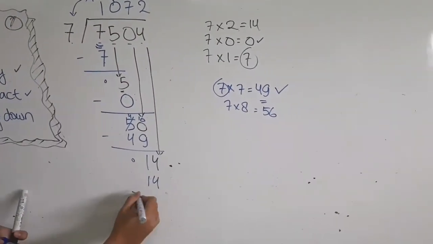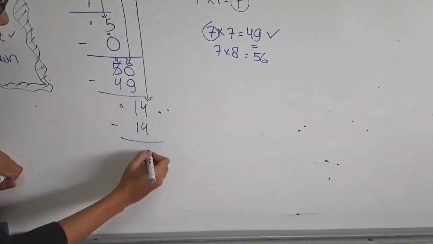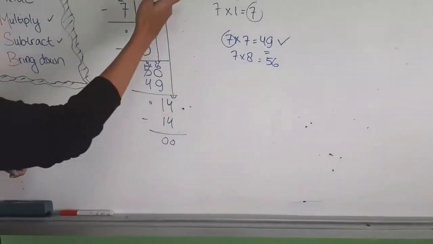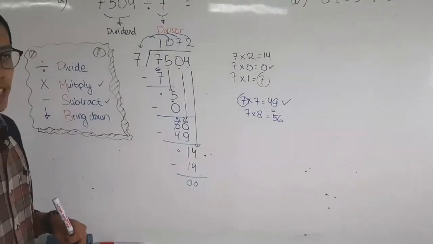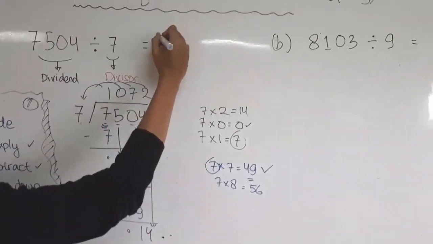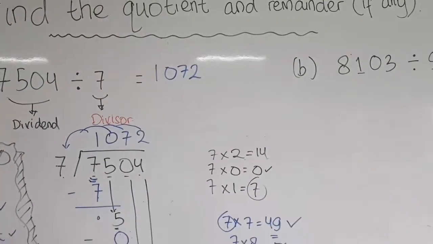We put it here and then we subtract it. Is there any remainder? No. 4 minus 7, 4 is 0. 1 minus 1 is 0. Is there any number to bring down? There is none. So that means we put the quotient as the answer, which is 1072, and there is no remainder.